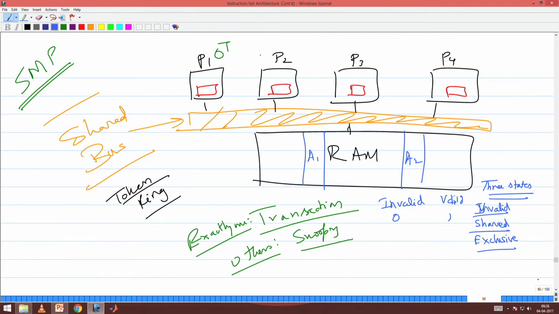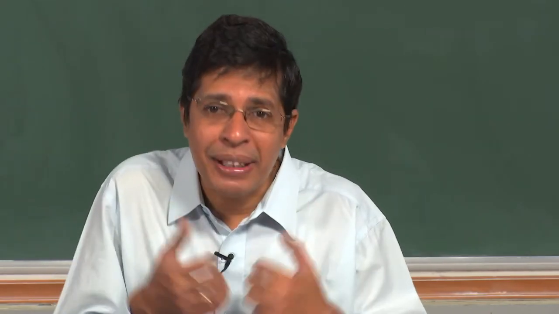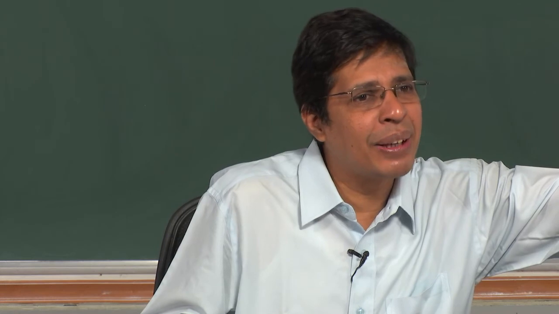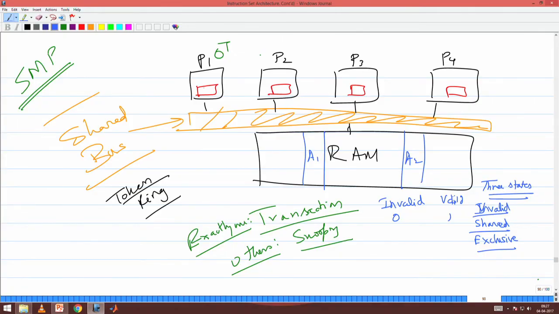Now, what is invalid? Whatever entry is stored in this cache line is junk. What is shared? I am storing some address here, and somebody else is also storing the same address in their cache. For example, if A1 maps onto some line and that line is shared, that means A1 is stored in that location in the cache, and there can also be a version of A1 in some other processor's cache.